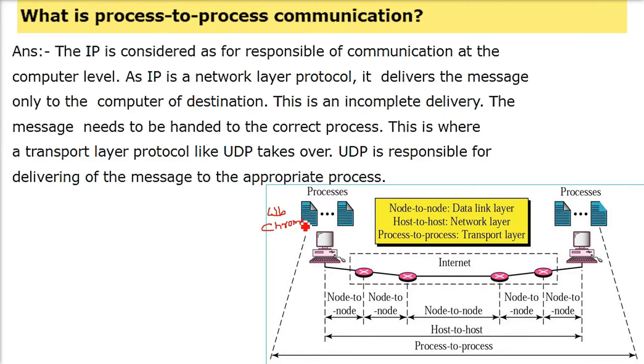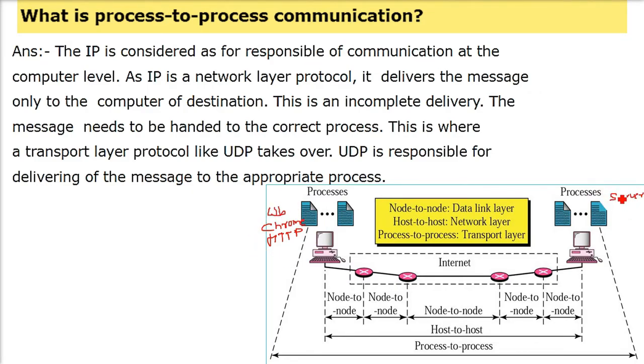Now, when you open a web browser, because you want to use the networking service, those services, those applications are called processes. So Chrome on your system will be a process, and the web server running on some other system will be a process.